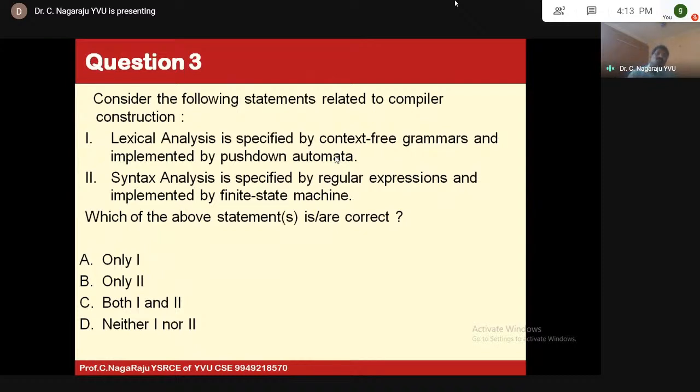That means two statements are given. Either only the first one is correct, or only the second one is correct, or both 1 and 2 are correct, or otherwise neither is the correct answer. Which one is the correct answer? Lexical analysis is specified by which grammar?